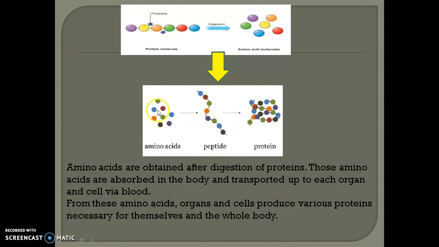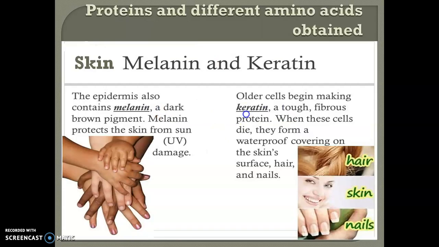Proteins are first converted into amino acids by digestion. Then these amino acids are converted into peptides, a simpler form, carried by blood to various organs, where they form proteins in the body as per the requirement.